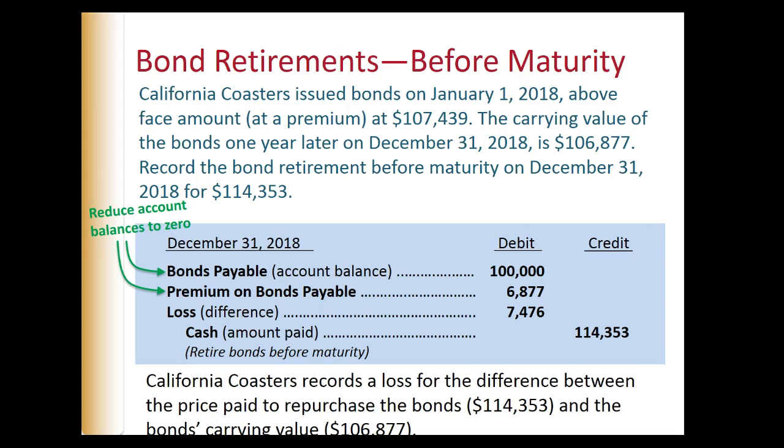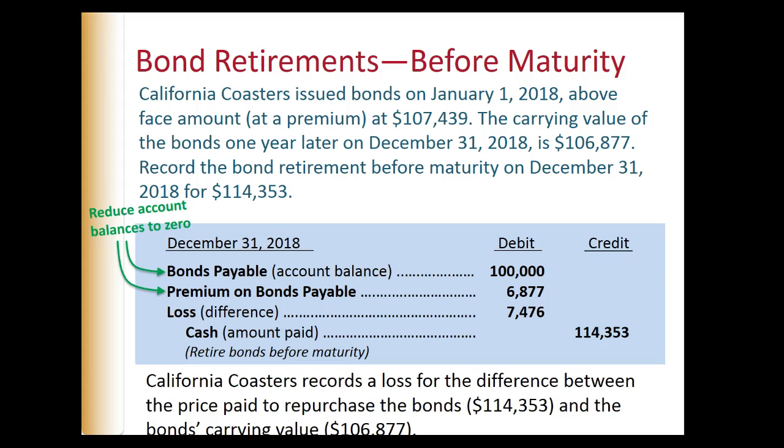The bonds have a carrying value on December 31st, 2018 of $106,877, but it will cost the issuing company $114,353 to retire them. California Coasters will record a loss for the difference between the price paid to repurchase the bonds and the bonds' carrying value.